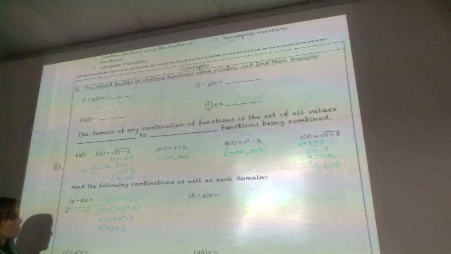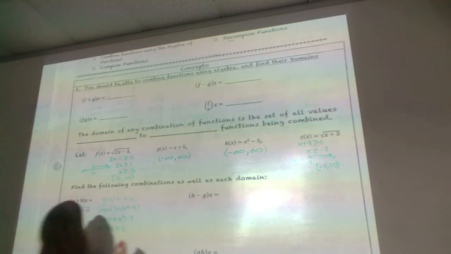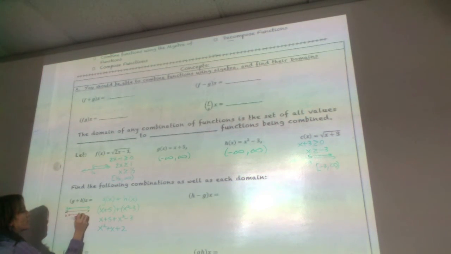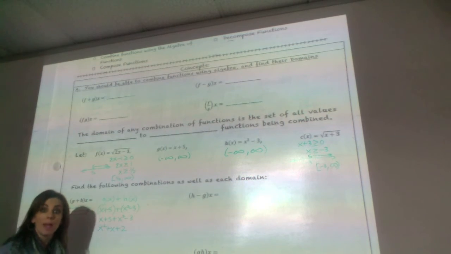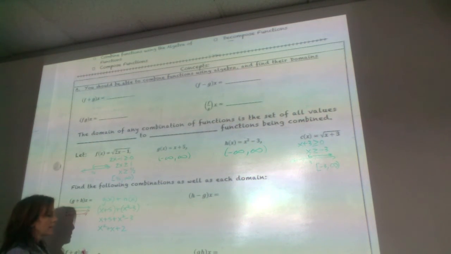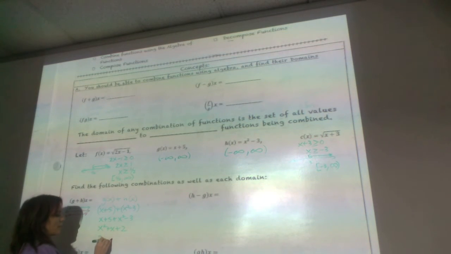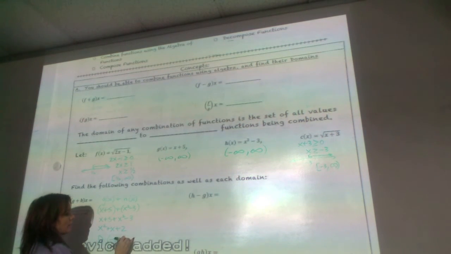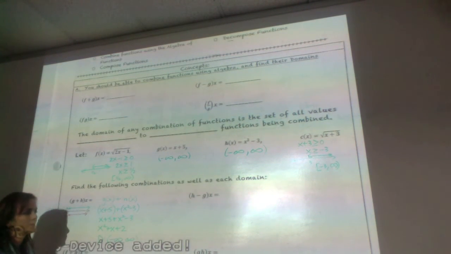If I'm thinking about h of x, okay, also from negative infinity to positive infinity. So where is the overlap there? Well, it's everywhere there because they're the same thing. So our domain here is going to be from negative infinity to positive infinity.